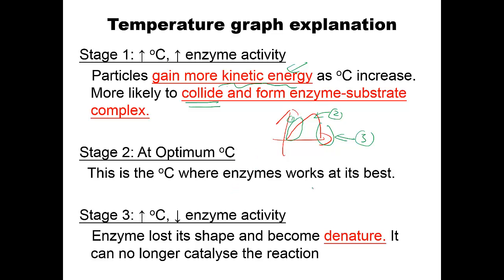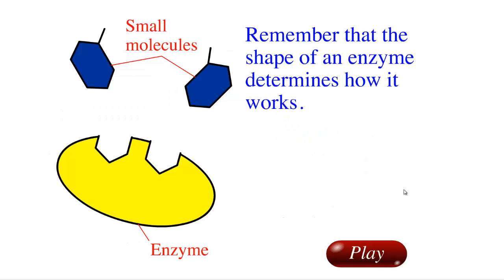However, if the temperature is too high for the enzyme to sustain, what will happen to the enzyme is it will lose its shape, and we call that with a specific fancy term called denature. By saying that, it means the shape of the enzyme will change. So if you still don't understand denature, you can have a look at this.